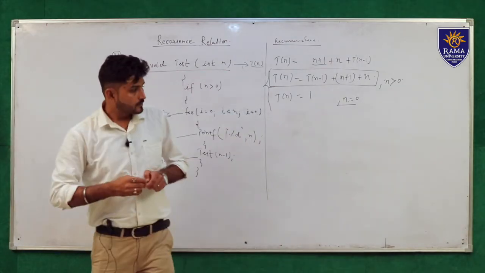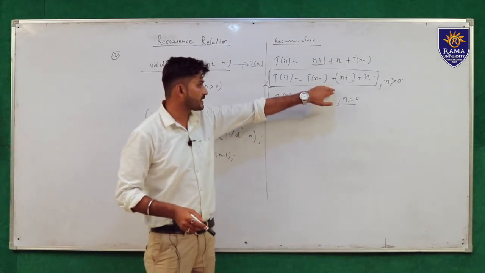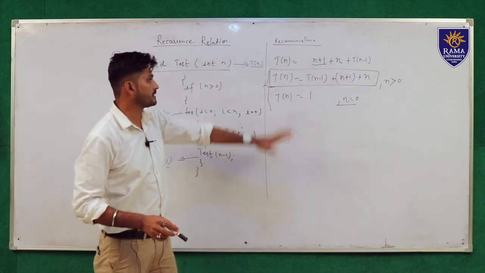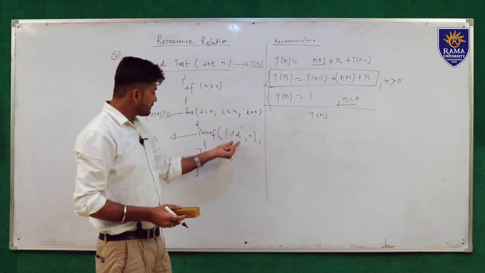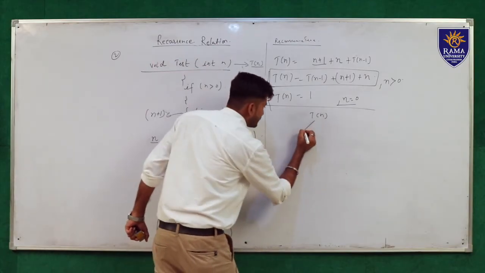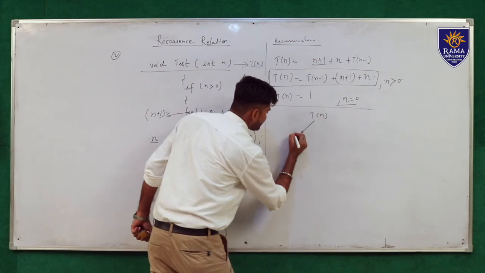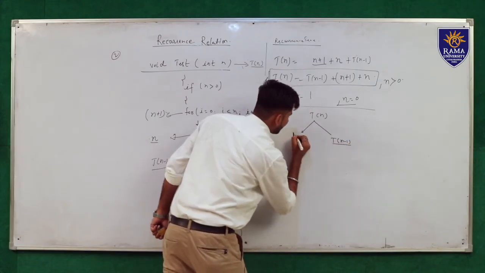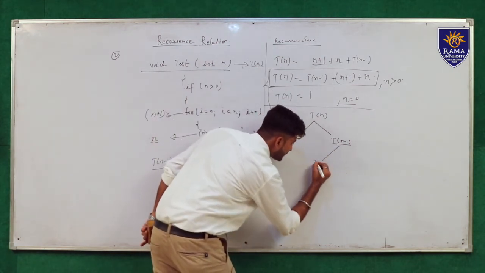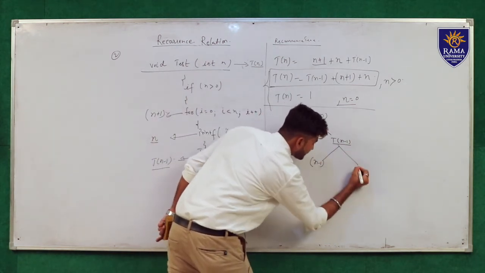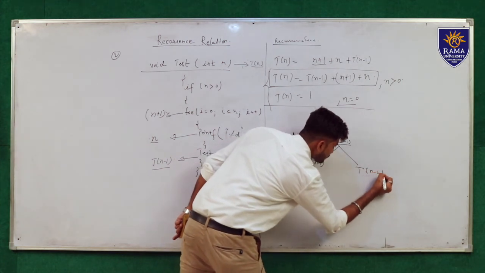Here I have solved this recurrence relation using the recursion tree. What will happen? When n is passed, it prints the value n, and calls Tn-1. Again, what will happen? N-1 will print n-1 and this becomes Tn-2.